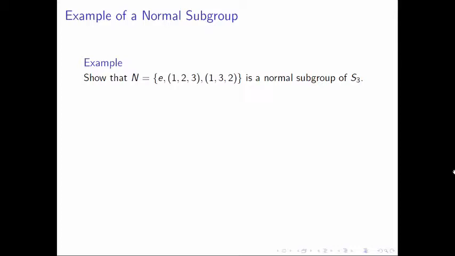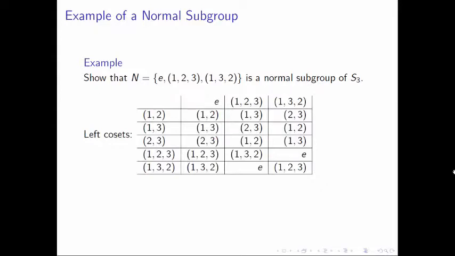So let's begin with an example. Let's show that the subgroup N, which is the identity, the permutation (1 2 3), and the permutation (1 3 2), that's a subgroup of S3, but let's show that it's a normal subgroup of S3 using the definition.